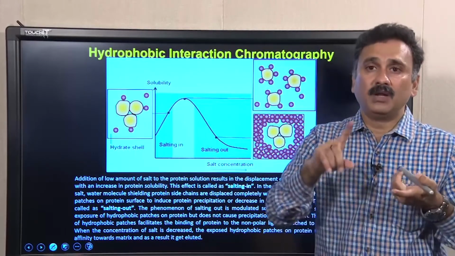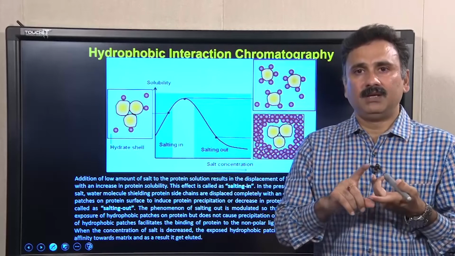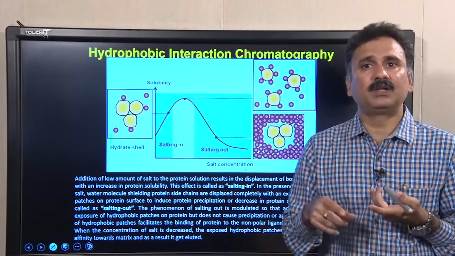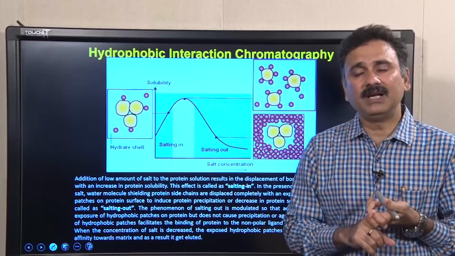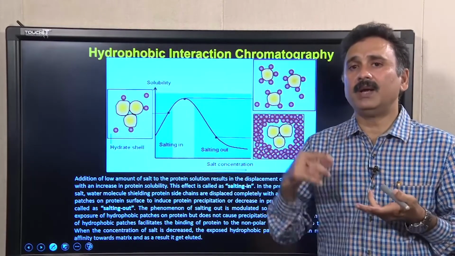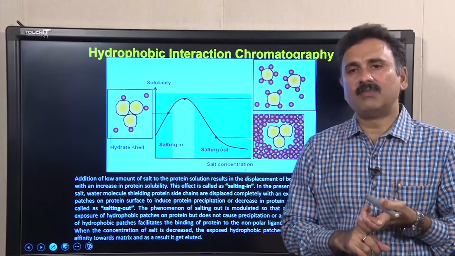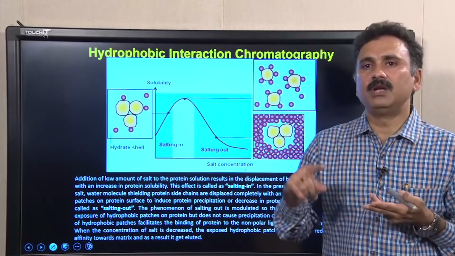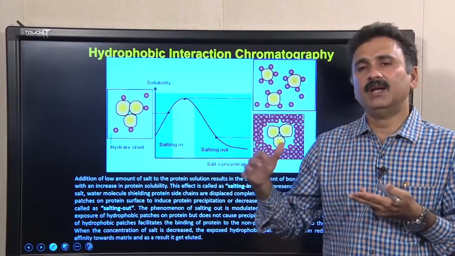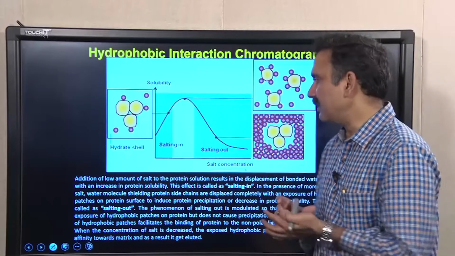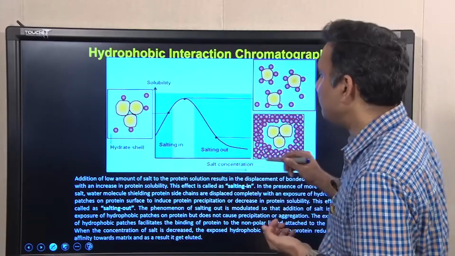Initially, you are removing the water molecules outside the proteins, increasing the solubility and exposing the hydrophobic patches. Once you add more salt, you reduce the solubility simply because the hydrophobic patches interact with each other and make bigger clumps.